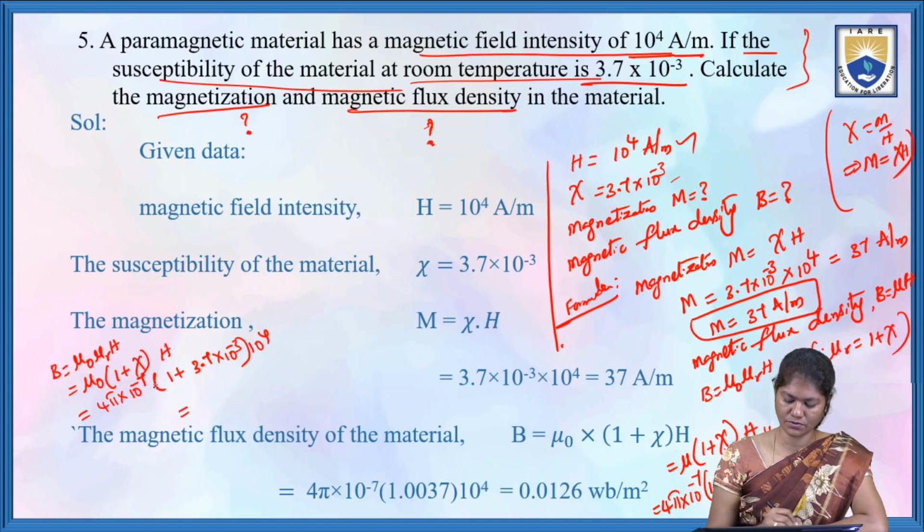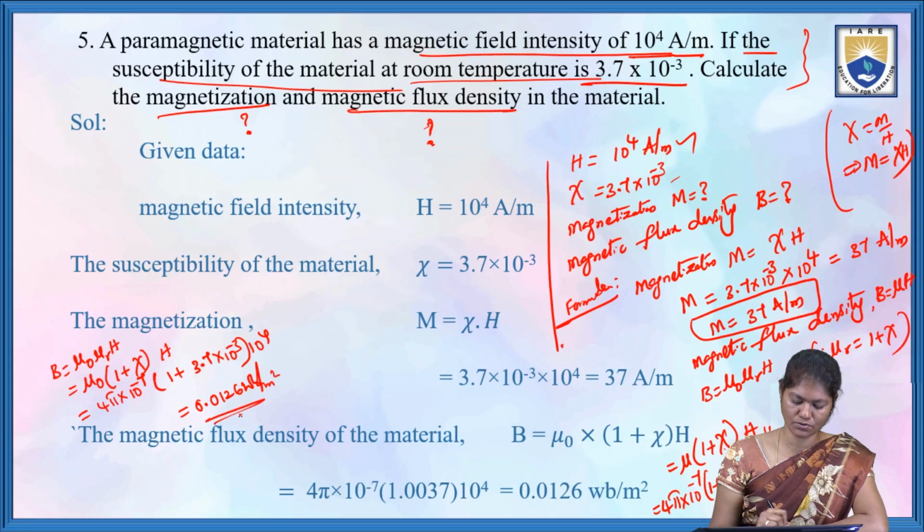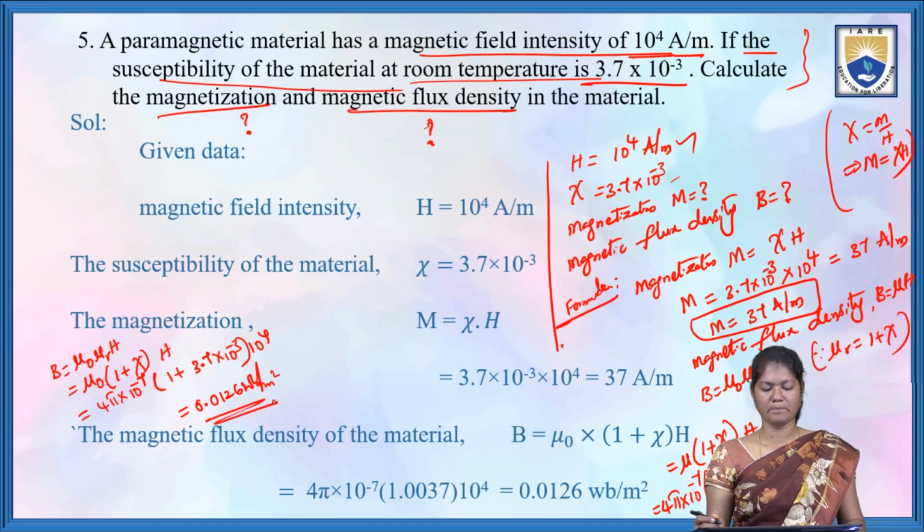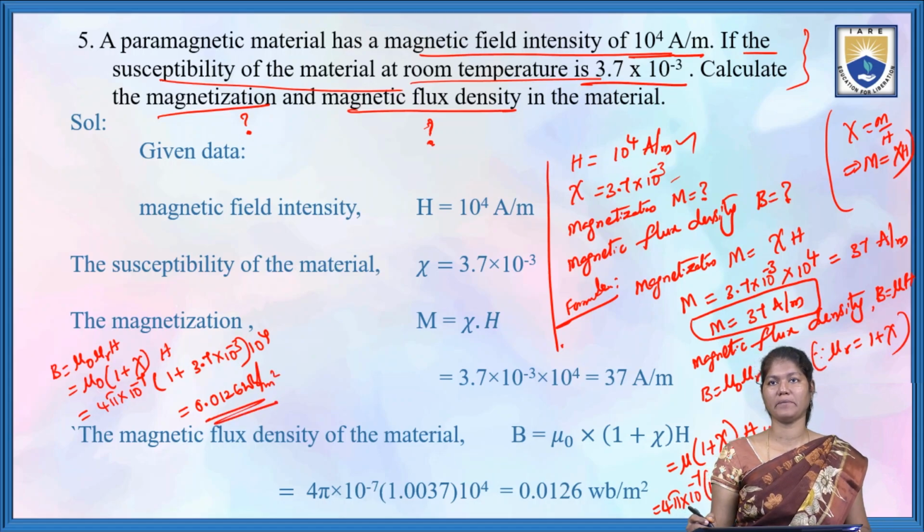So it is equals to 0.0126 Weber per meter square. So this is the value of magnetic flux density of a material.